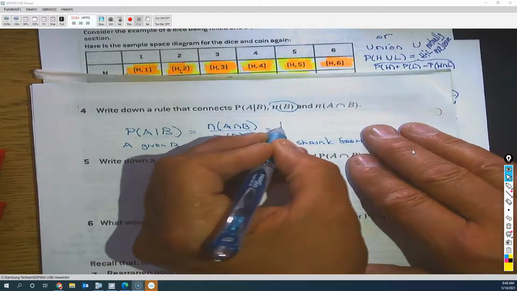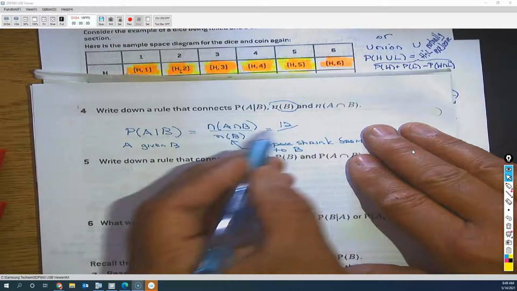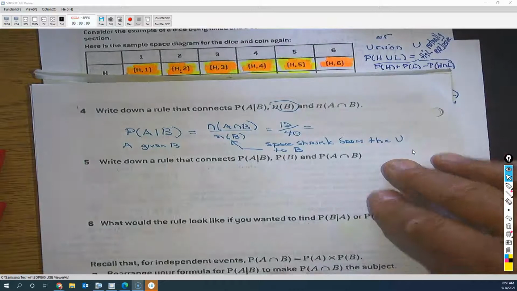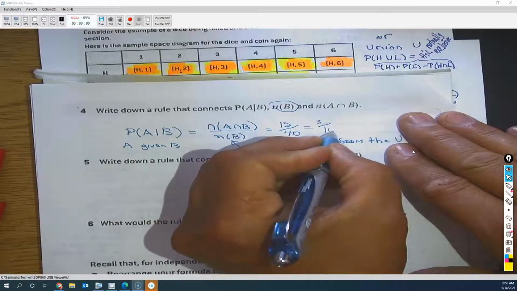When we did it a few minutes ago, the number that were in both was 12. The number that were in B was 40.